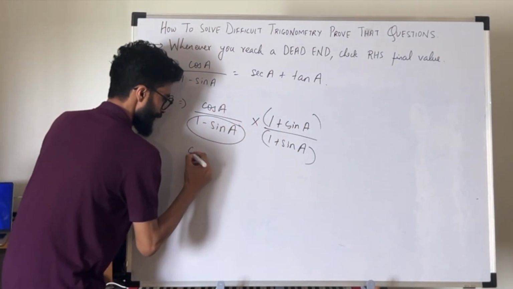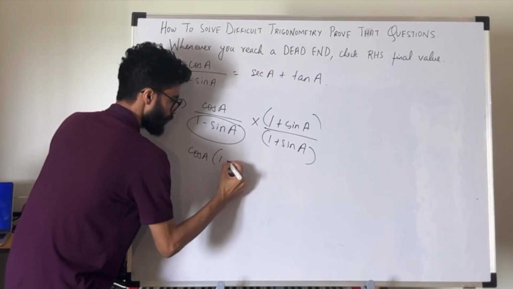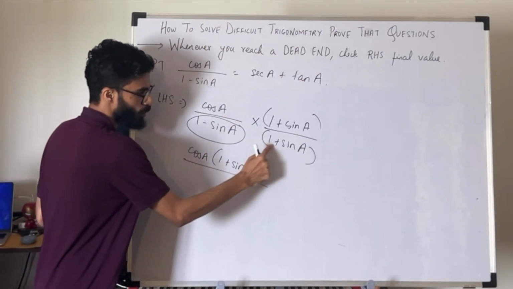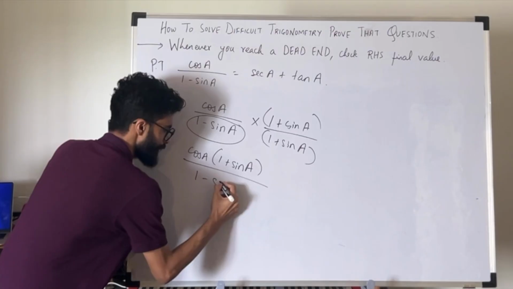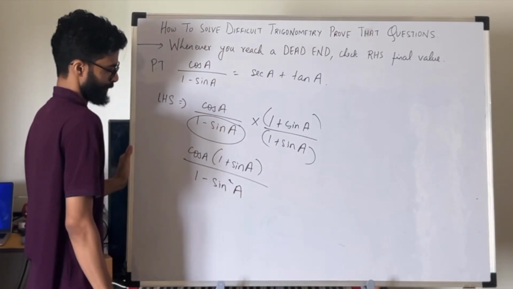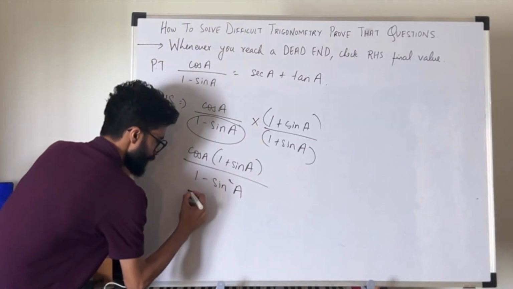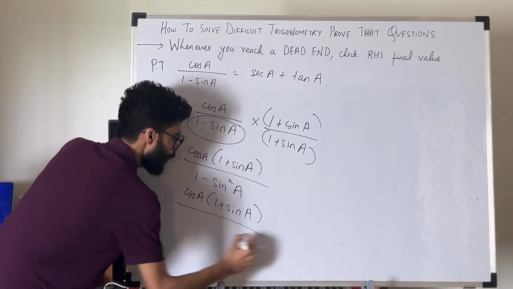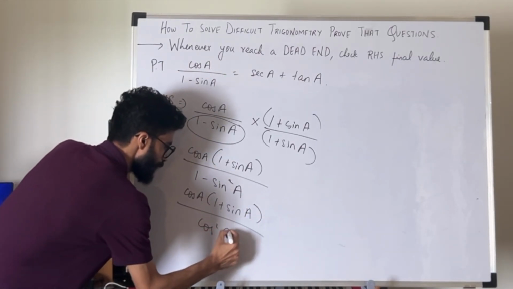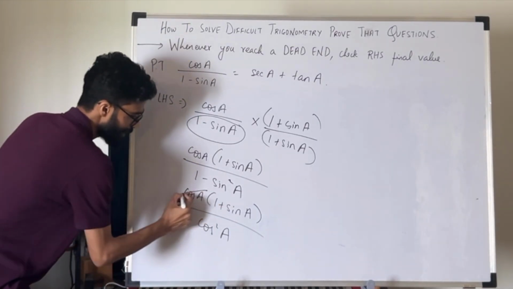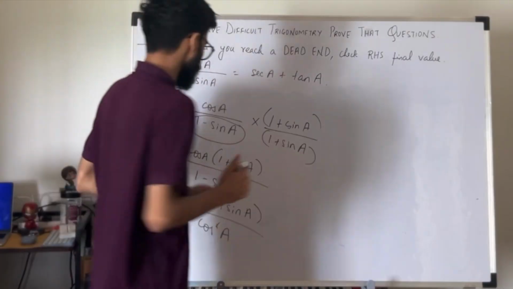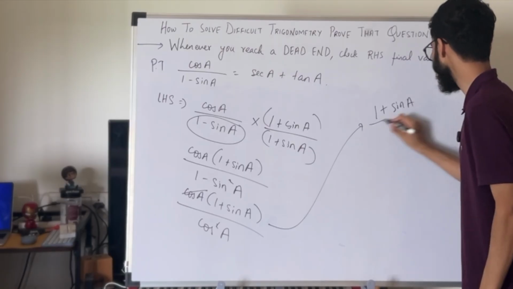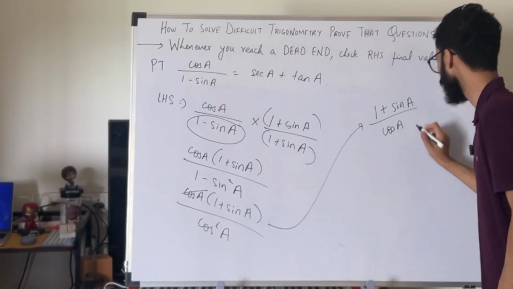So cos A into 1 plus sin A, just write it as two different brackets, upon 1 minus sin A into 1 plus sin A gives me 1 minus sin square A. Now this is nothing but cos square A. So cos A into 1 plus sin A upon cos square A. If I cut this and the power, I am getting this as 1 plus sin A upon cos A.